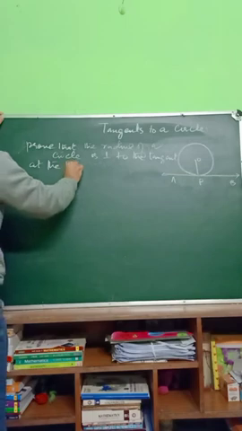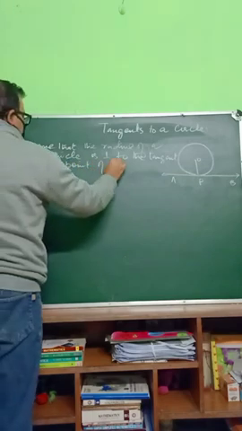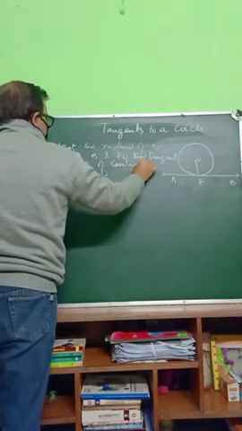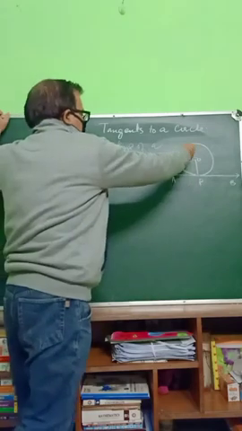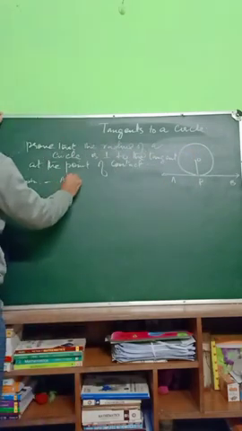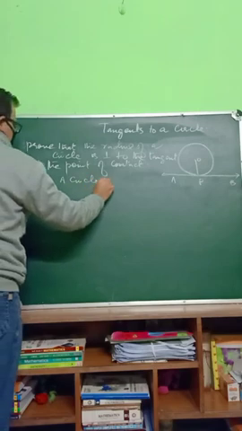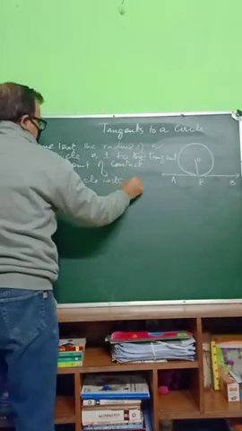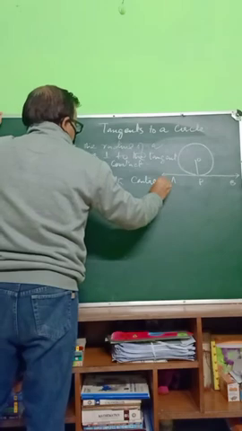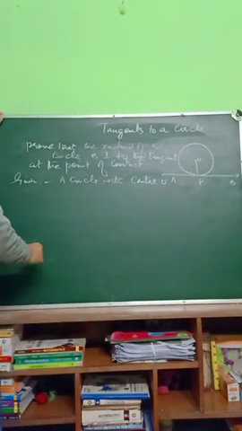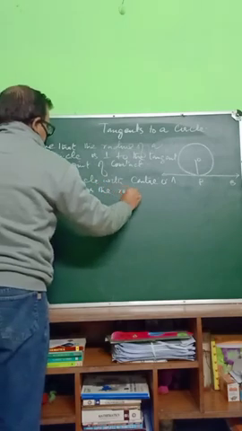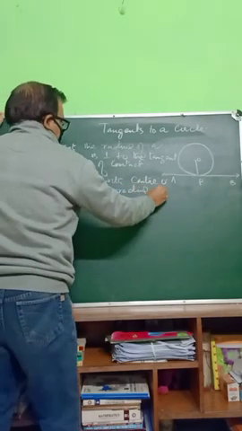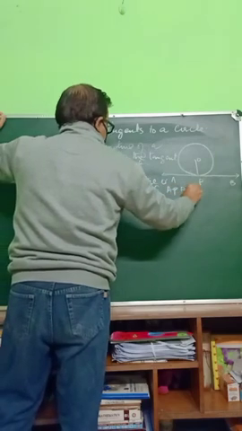Given: a circle with center O, OP is the radius, and APB is the tangent.